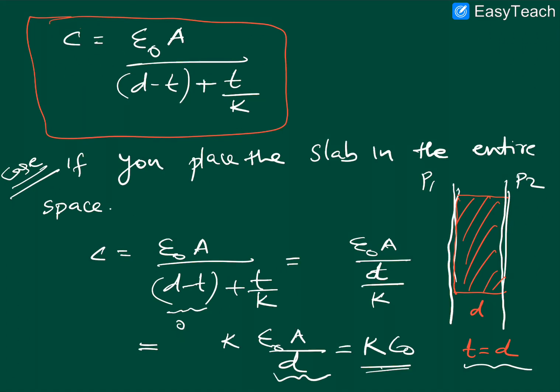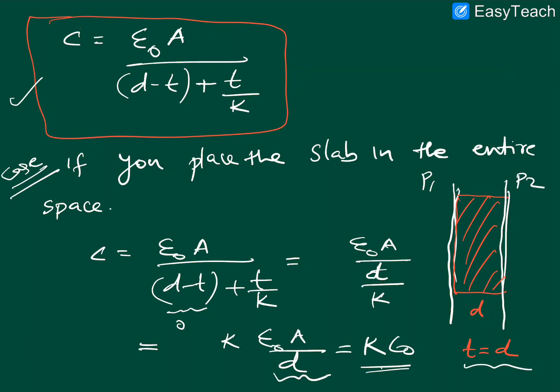Okay, so this is the expression for capacitance when you place a dielectric slab of thickness T in between the capacitor plates. And from that equation you can go back to the case when that slab covers the entire region in between the plates also.